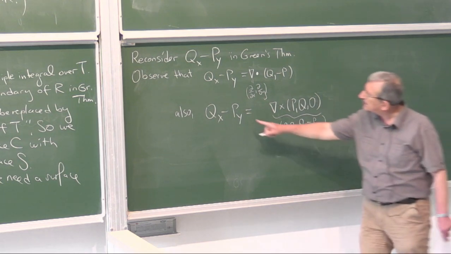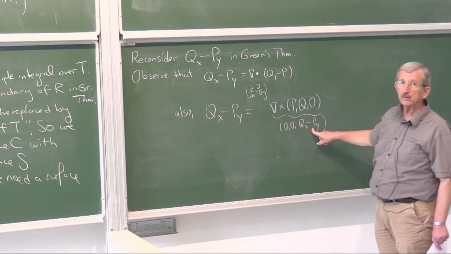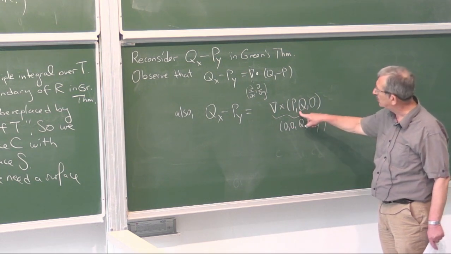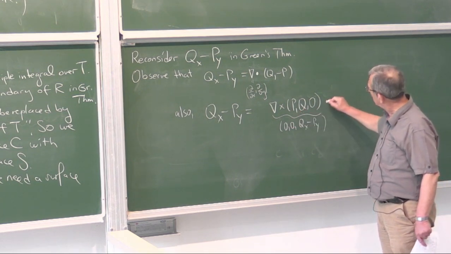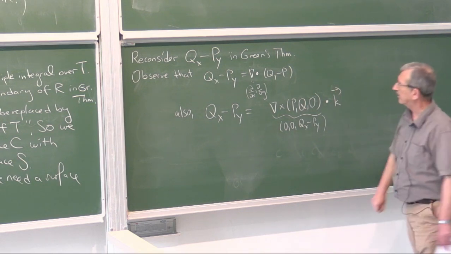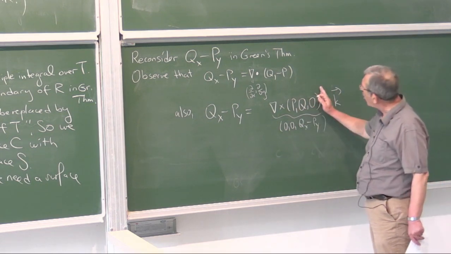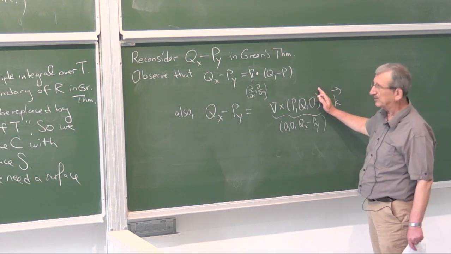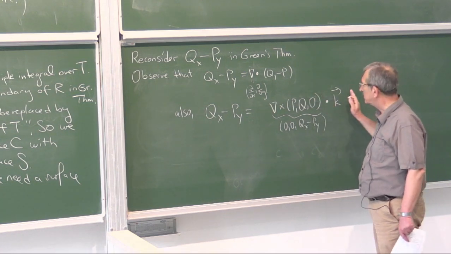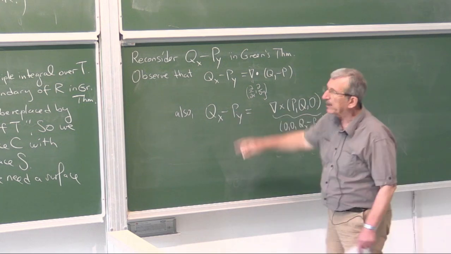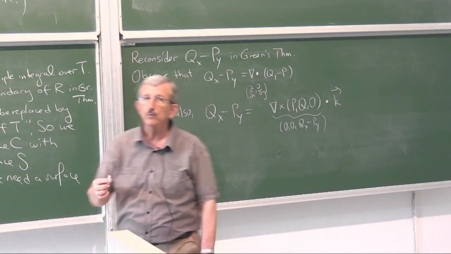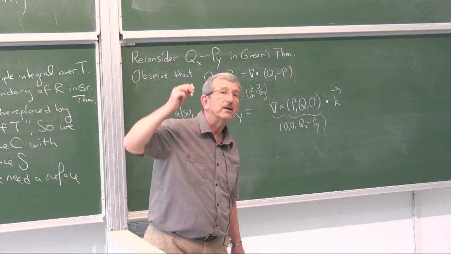And hence, this is the third component, in other words, the projection in the k direction. So it is the curl of PQ, 0 of course, but it's the third component. Because we are in a plane, the cross product will be perpendicular to the plane.